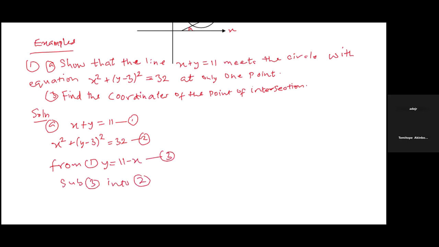So x squared plus (11 minus x minus 3) squared equals 32. x squared plus, 11 minus 3 will be 8, so we have (8 minus x) squared equals 32.